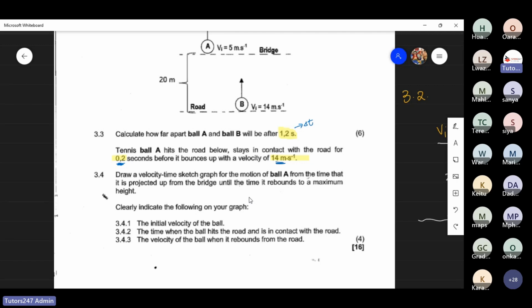Then thirdly, we need to understand that ball A leaves the ground with a velocity of 14 meters per second. So let us put all of that information into a graph.